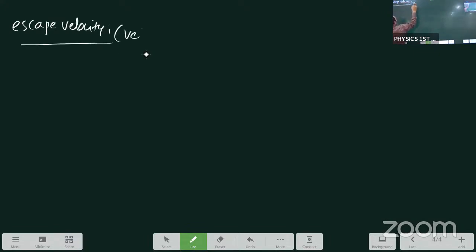See, this is the second question: escape velocity. Define escape velocity. Derive the expression for escape velocity. This is the second SAQ from the gravitation lesson.